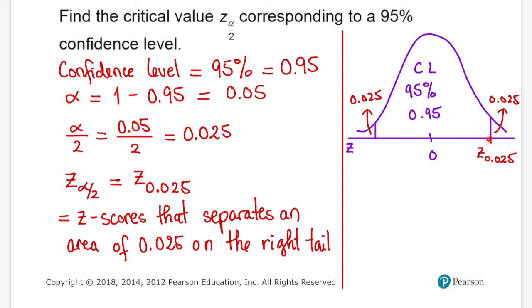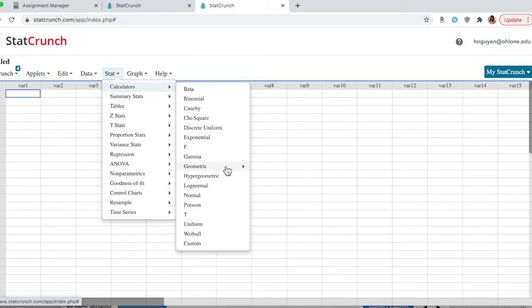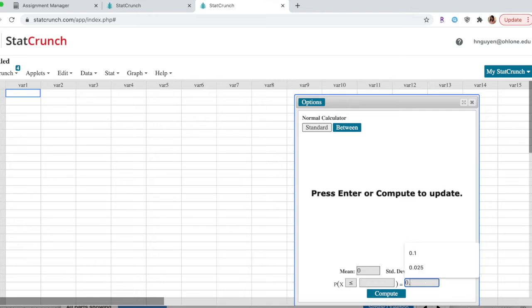I want to find the z-score that has 0.025 area on the right. I am going to use StatCrunch for this. To find the z-score, we are going to use the same calculator that we used in Chapter 6: Stat, Calculators, Normal. My mean is 0, my standard deviation is 1, and I know the area on the right, which is 0.025.